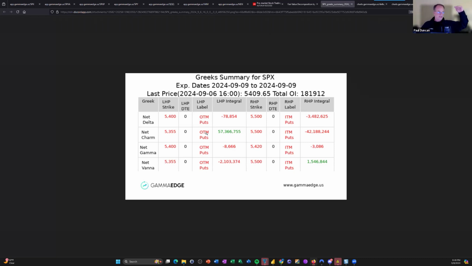What's going to happen is that 57,366,755 number is going to get smaller and smaller and smaller. It's positive, but it's going to start walking down because those out of the money puts are getting smaller and smaller. The contribution from the puts below us is getting less and less because they're decaying. What's happening to the in the money puts?